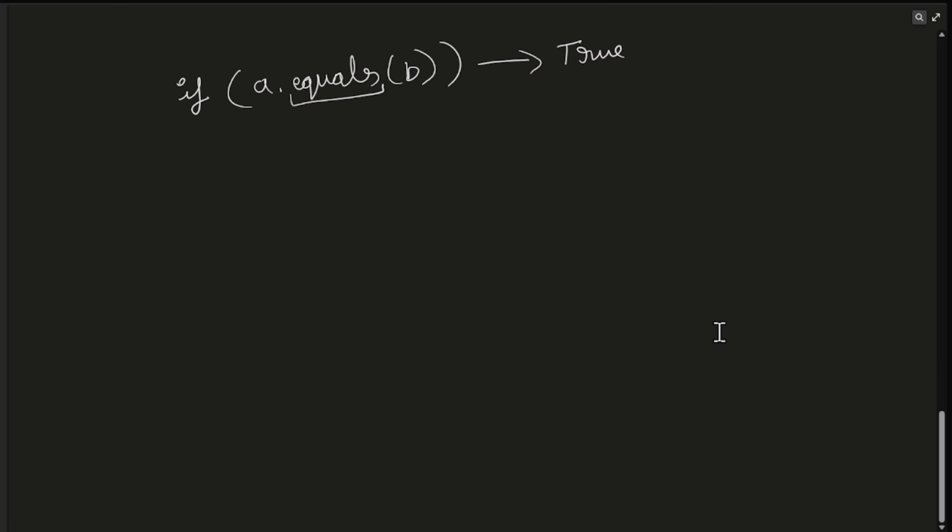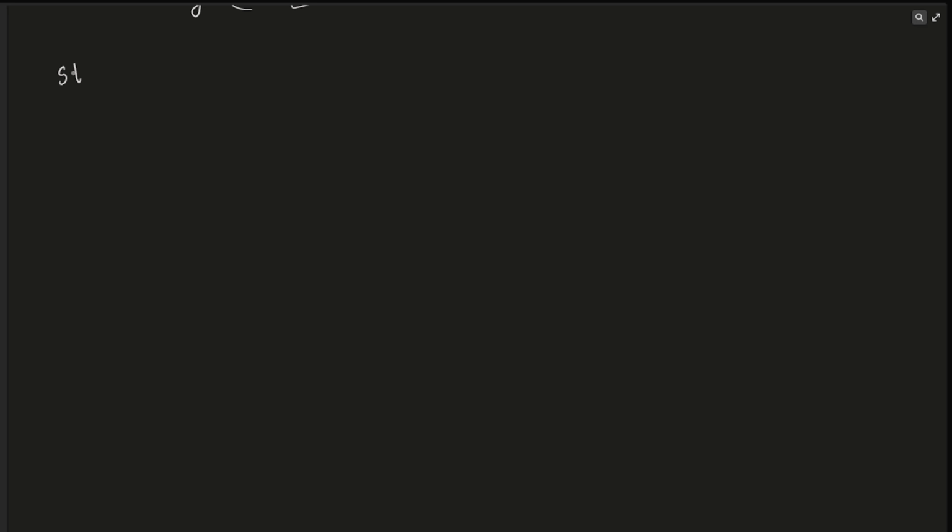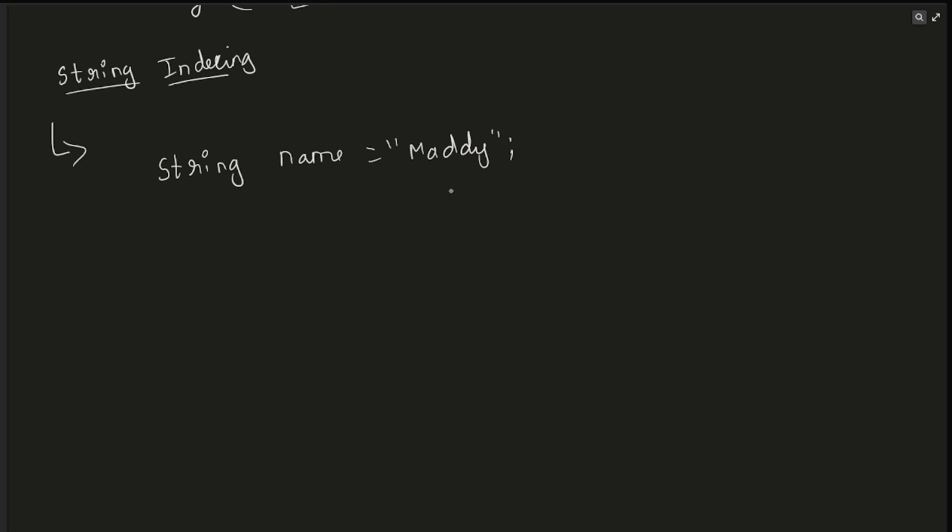We have one more topic here, that is string indexing. Strings won't be having any index value like arrays, but we have a method to access any single character from the string. Let us see that. I'll just declare a string variable name equals Maddie. Let's say I want to access the third character from Maddie.